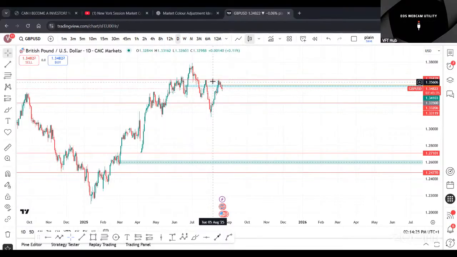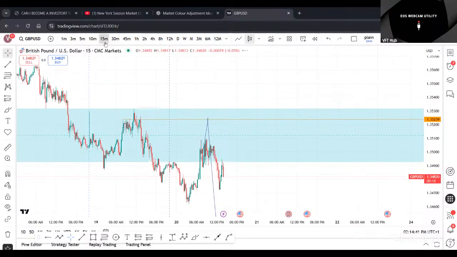Seeing that price failed to take out this high at 1.35856, and instead it just traded into the resistance, and we're seeing a bit of a reaction to the downside. It means that all you should be looking out for are sell opportunities on GBP USD.